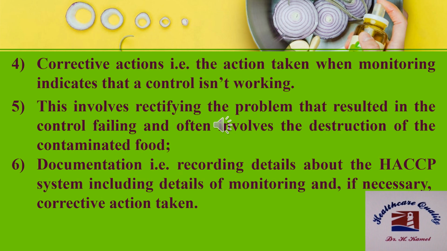Corrective actions. That's to say, the actions taken when monitoring indicates that a control isn't working. This involves rectifying the problem that resulted in the control failing and often involves the destruction of the contaminated food. 5. Documentation. That's to say, recording details about the HACCP system, including details of monitoring and, if necessary, corrective actions taken.